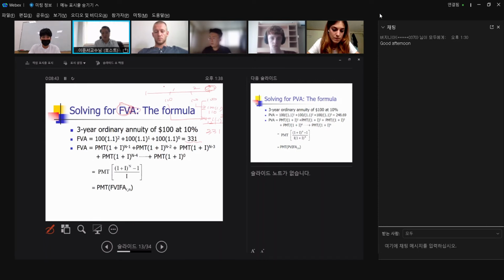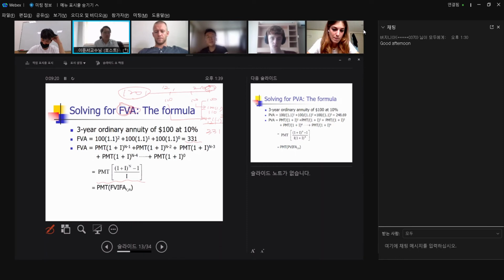If the cash flow occurs every month, not every year, for 10 years, then we have to calculate 120 equations, right? It's possible, but very time consuming work. So we need to use a formula, just like this formula, okay? So we can generate a formula to calculate the future value of annuity.